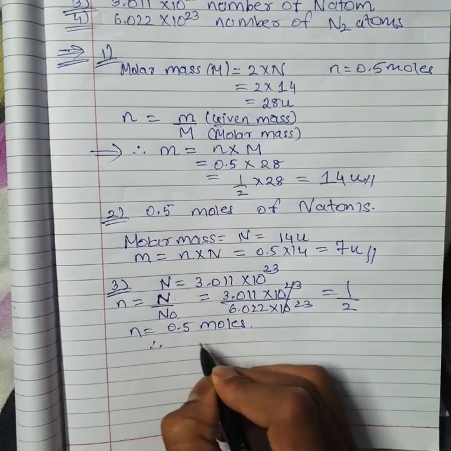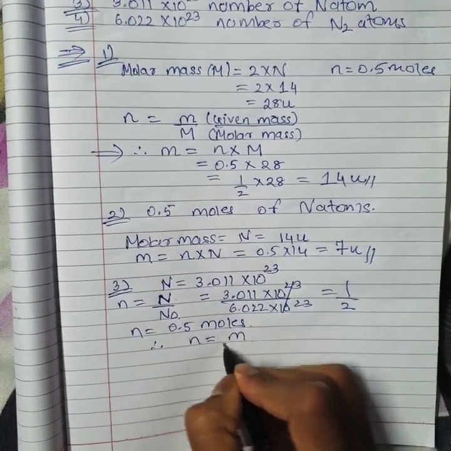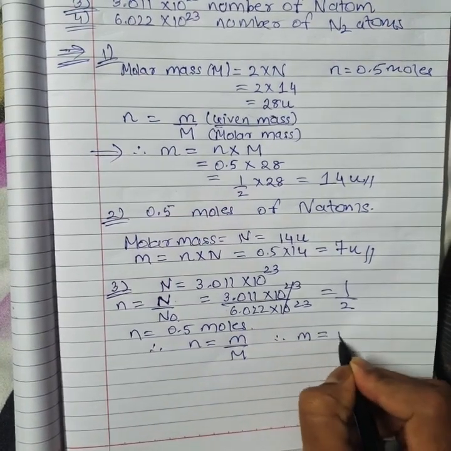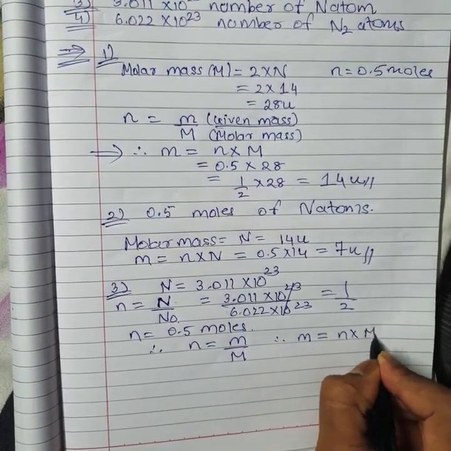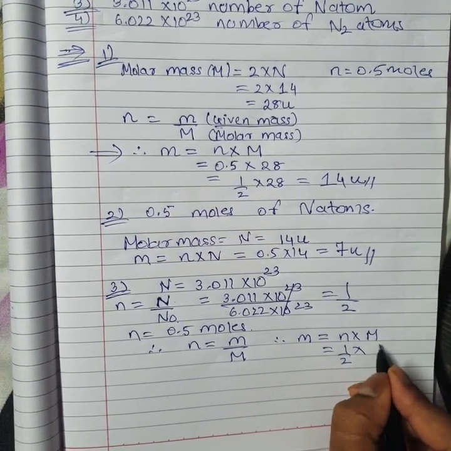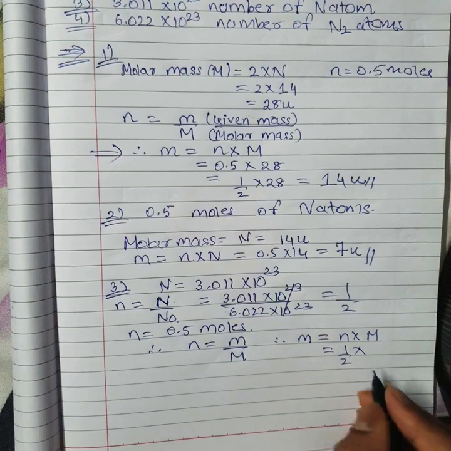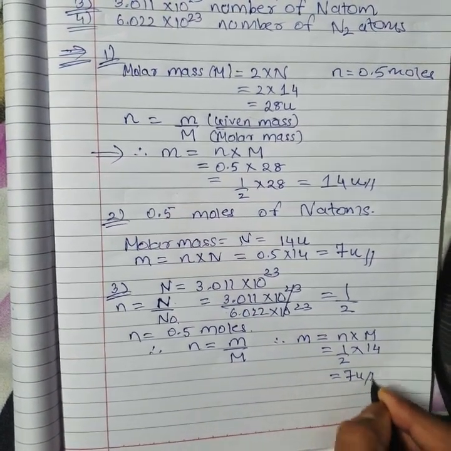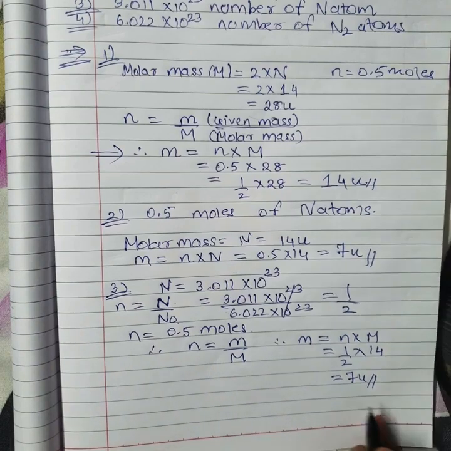So if you want to find mass, then you will use n equal to small m by capital M. Therefore small m is nothing but n into M, that is half into M, where M is the molar mass of the N atom. The molar mass of the N atom is 14, so it will be nothing but 7 u.